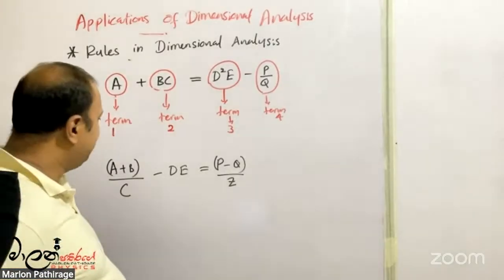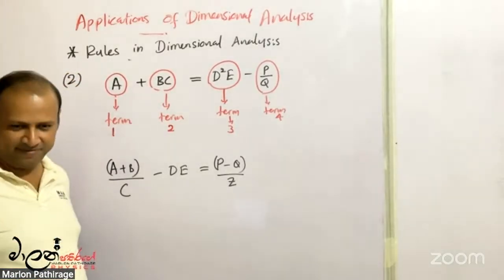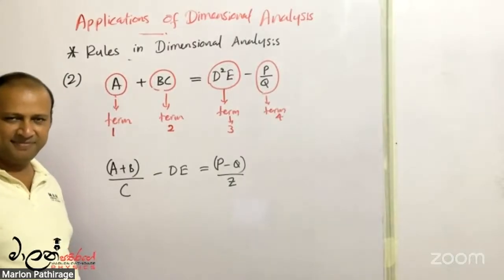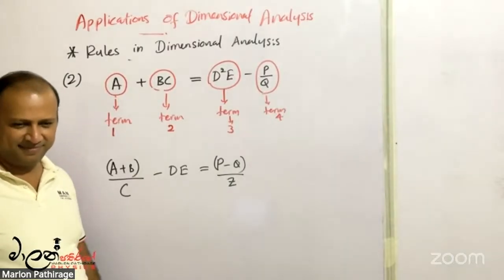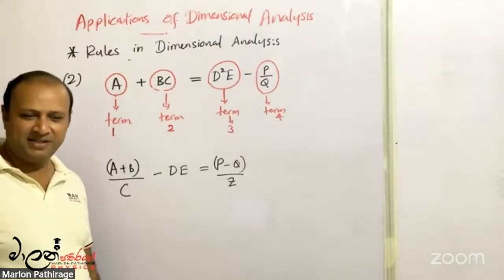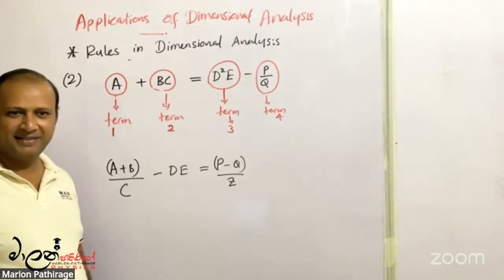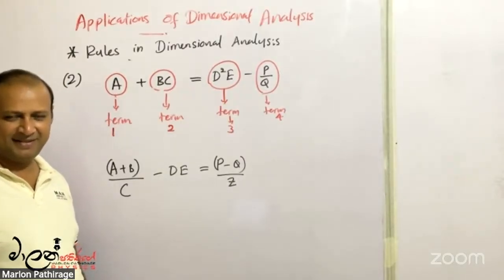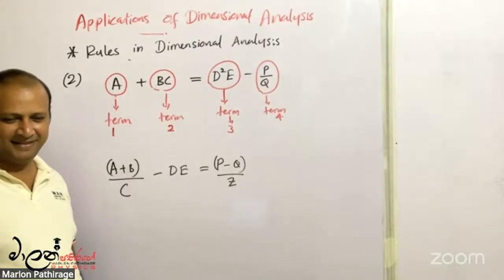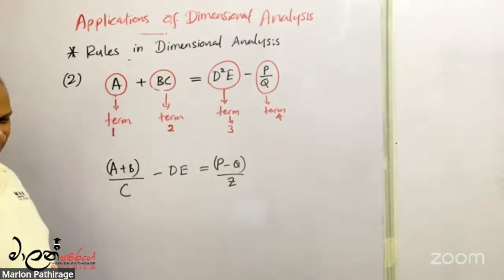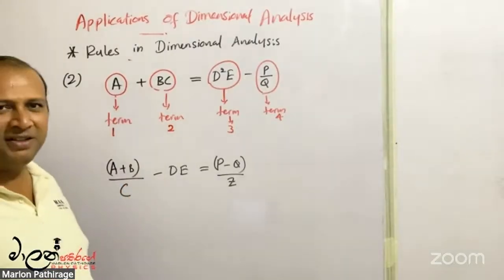Now tell me, what are the terms in this equation? A plus B: A is one term, B is one term.